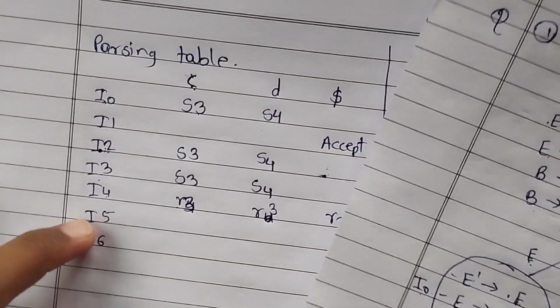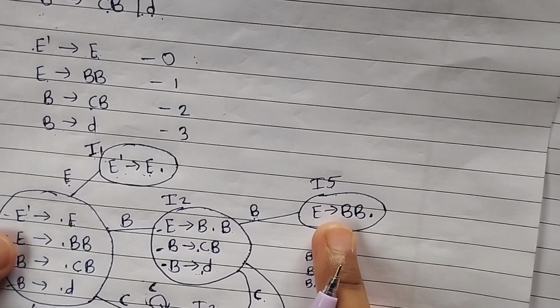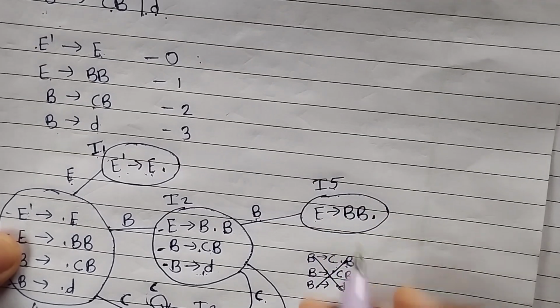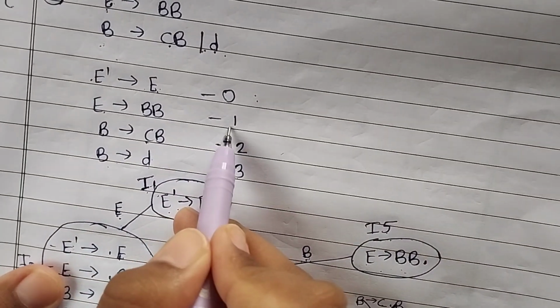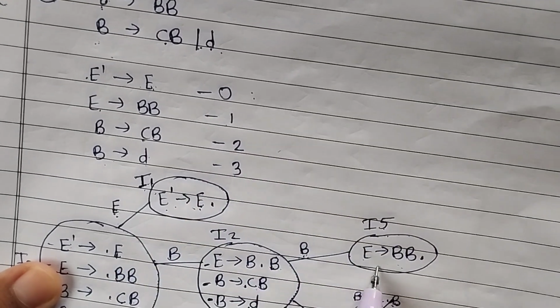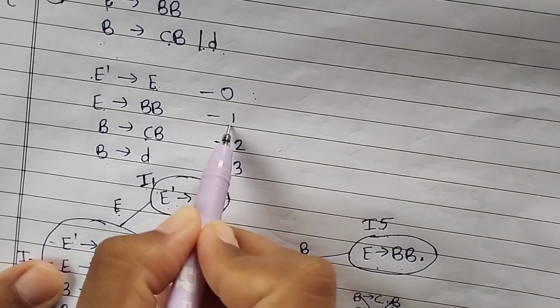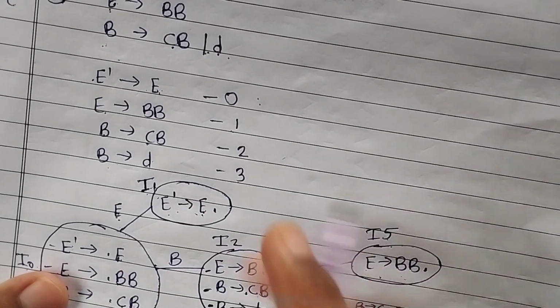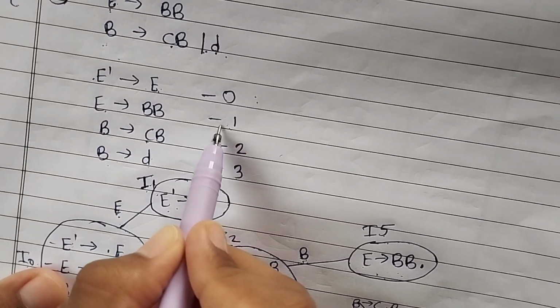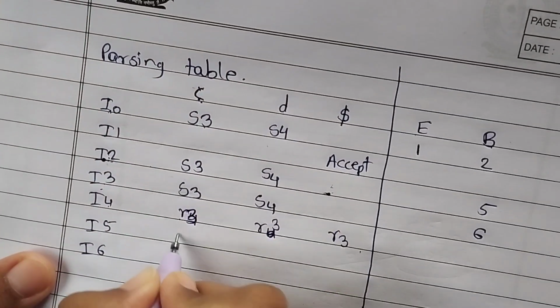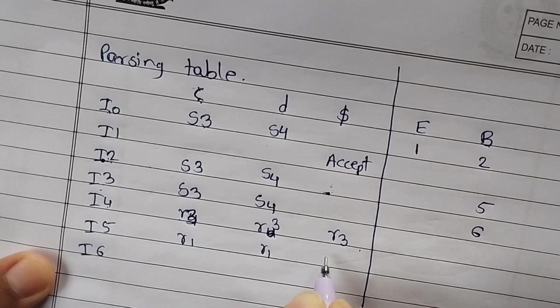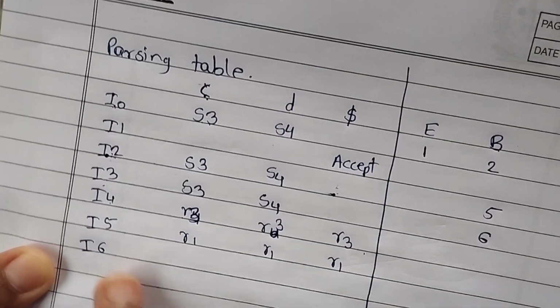Now I5. So I5 is also an acceptance state. And this grammar E reads BB is present here at number 1. So this is the acceptance state. We write R1 because this grammar is present here and the numbering is 1. So write R1, R1, R1. Now I6.